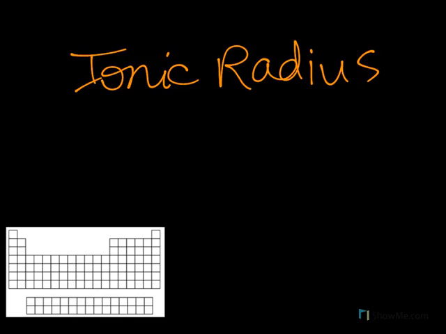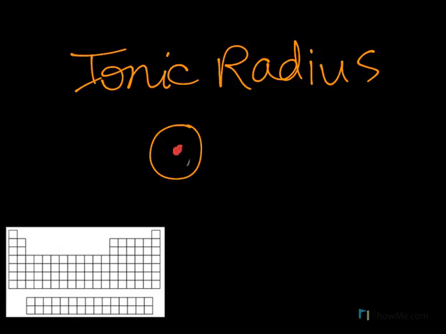Ionic radius is similar to the atomic radius, except now we're not talking about an atom. We're talking about what happens when an atom loses electrons or gains electrons. So I'm going to draw an example of a hydrogen atom.